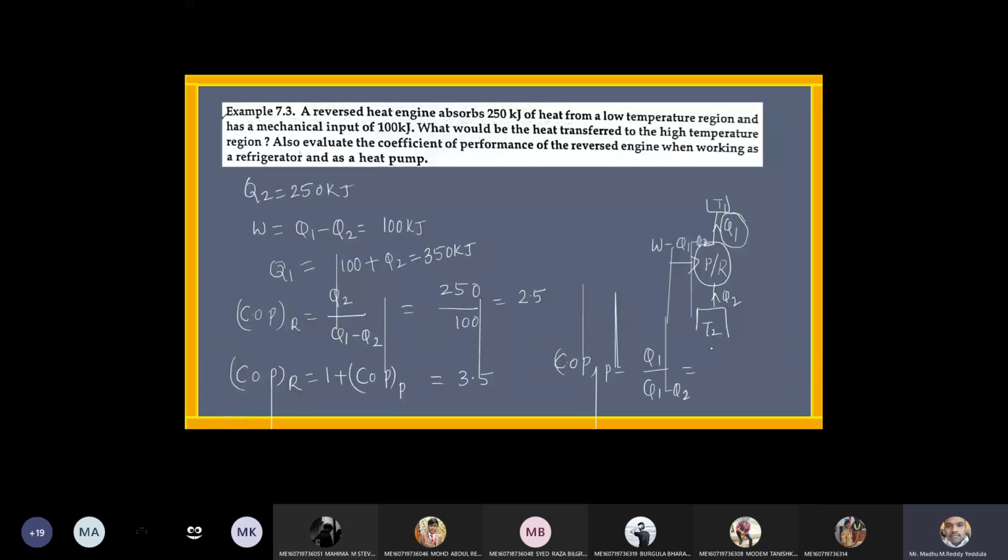So Q1 here is 350 divided by 100, that is equal to 3.5. Clear this problem? Please respond. Is the problem clear? Yes, sir. Clear.